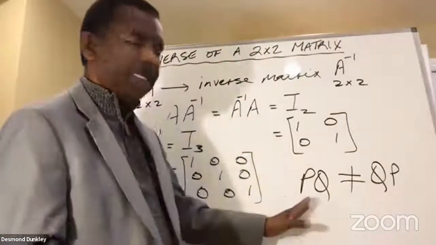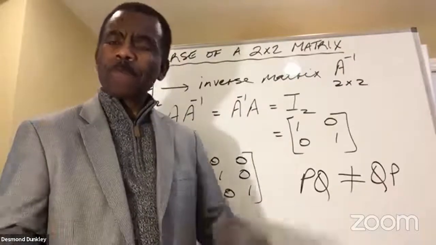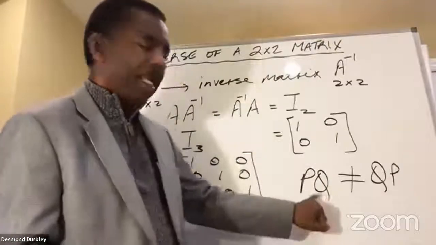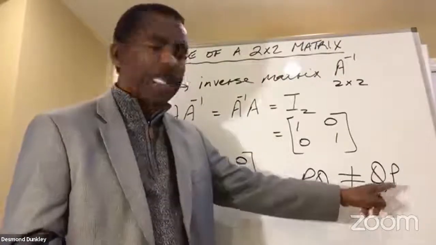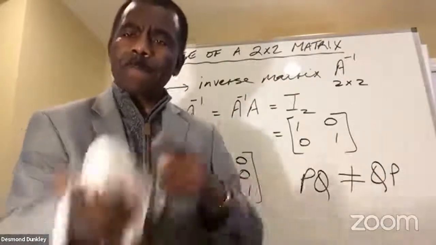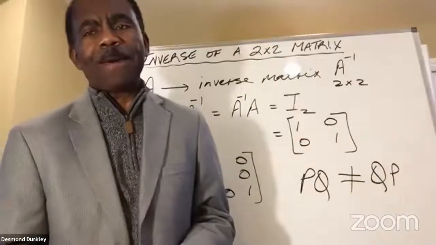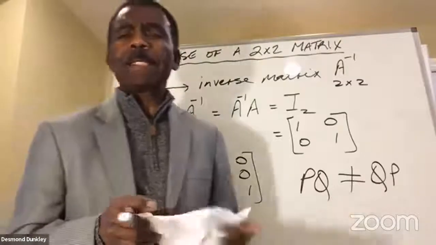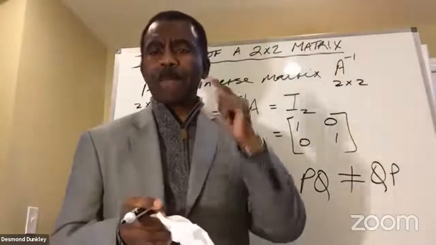In other words, if P is the inverse of Q, and of course vice versa, then when you multiply a matrix by its inverse, you will get the same result if you flip them around. The order does not matter. Pretty cool. So that's one big thing about inverse matrices. The order does not matter.